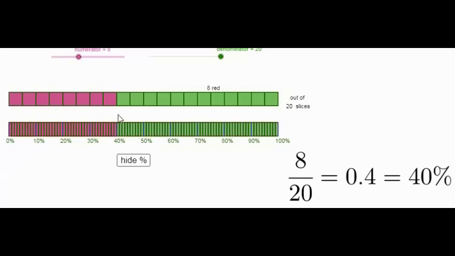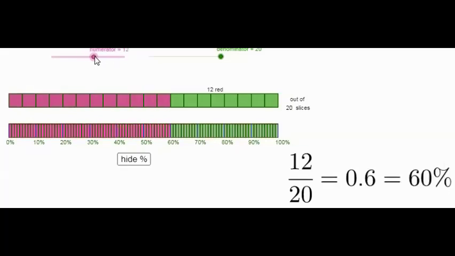You can see that the red parts are the same and the whole is the same. So, we can represent the red parts of the whole as 8/20, 4/10, and 40%.